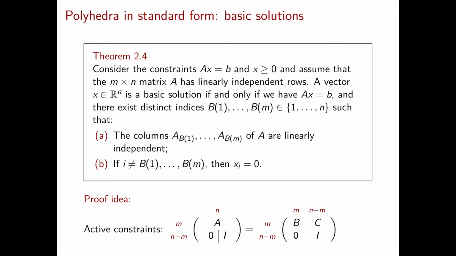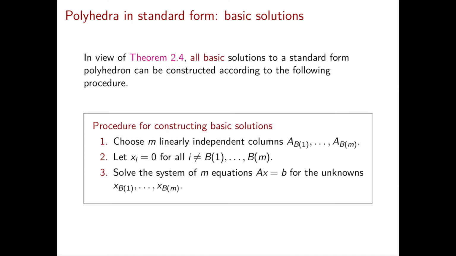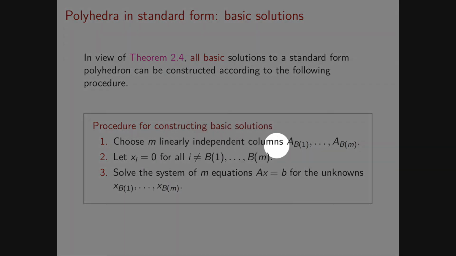Very soon we're going to clarify this theorem through some examples. However, before doing that, I want to stress how this theorem can be used to construct all the basic solutions to a standard form polyhedron, essentially giving us an algorithm to construct all such basic solutions. What you have to do is the following. Among all the columns of A, choose m linearly independent ones, and I'm going to call them A_B1 until A_Bm.